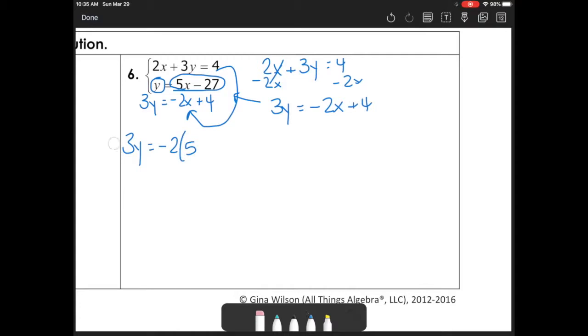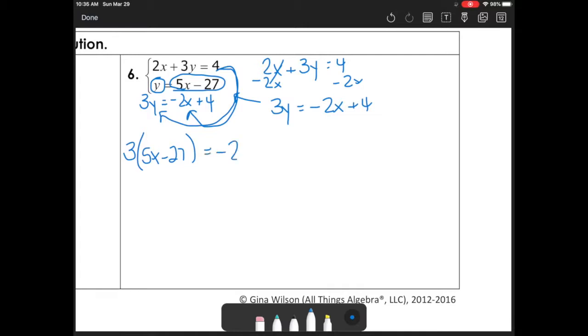I just did that completely backwards. This is y. It goes here. There we go. You guys, it's early on Sunday morning. So let's see. 5x minus 27 equals -2x plus 4.